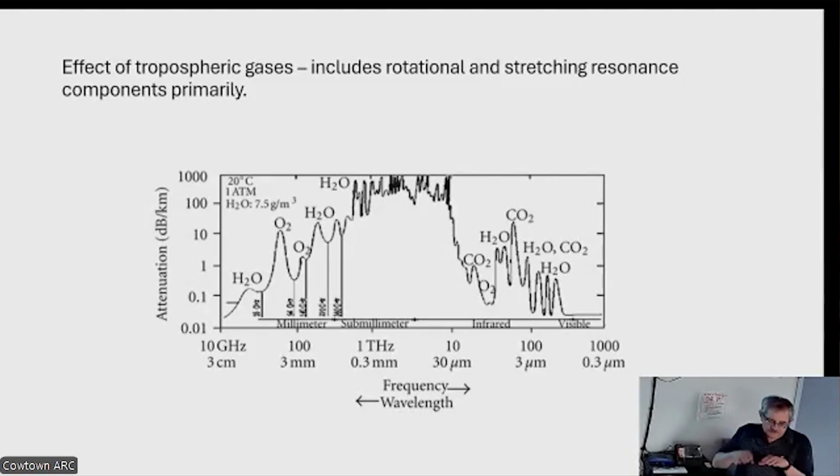But you'll see it's pretty lossy throughout the spectrum until you get down to very low frequencies. So it's not these distinct spectral features once you get into the liquid and solid form.